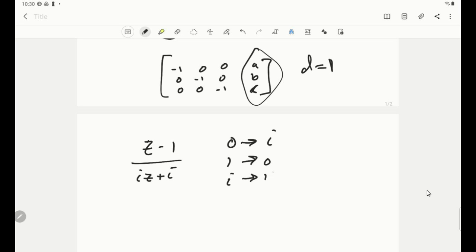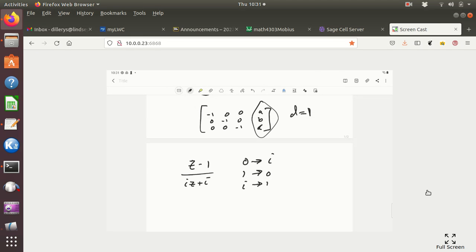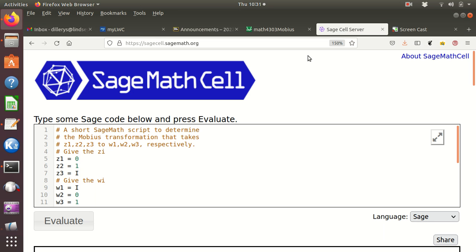So it just sort of permutes these numbers here. And so I'll put that into the code, and we'll get the coefficients out and look at what that is. So I'll hit escape here, go here where I've already put them in. So here's 0, 1, and I, and that goes to I, 0, and 1, we said.